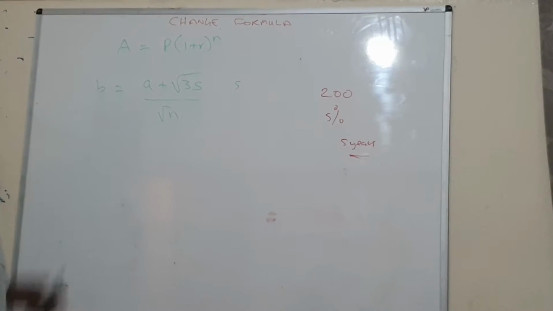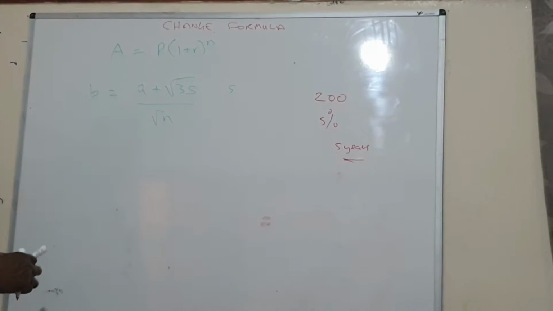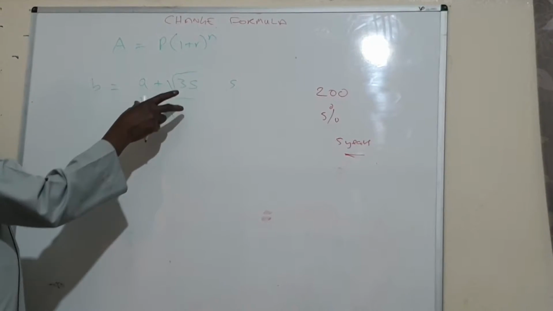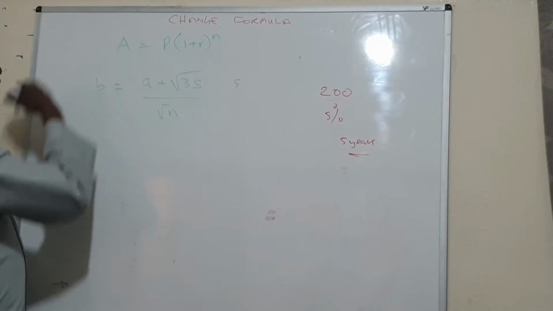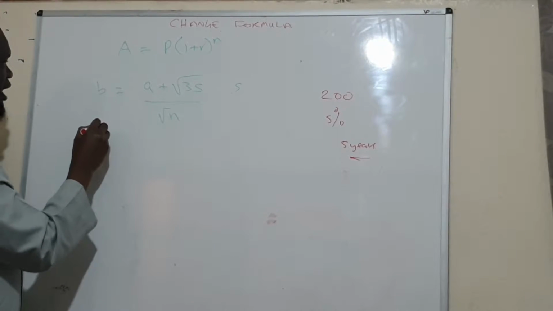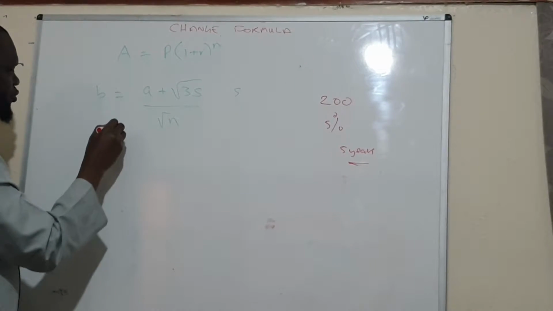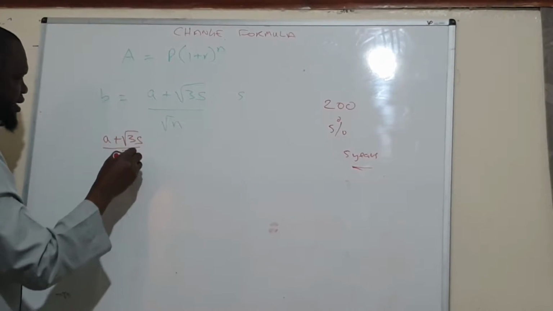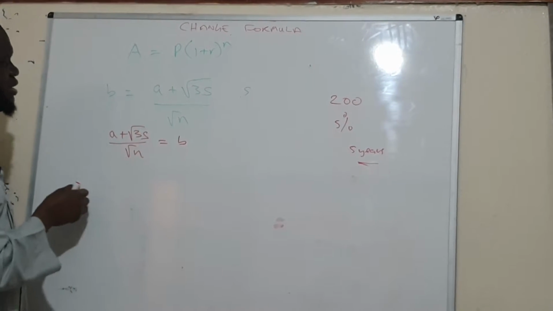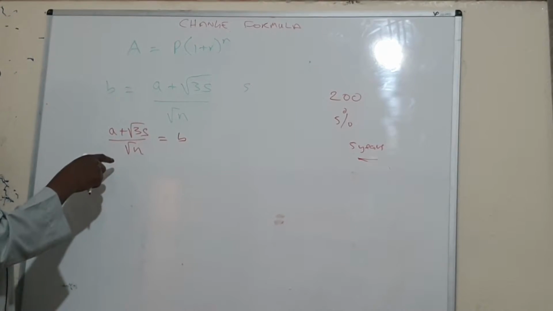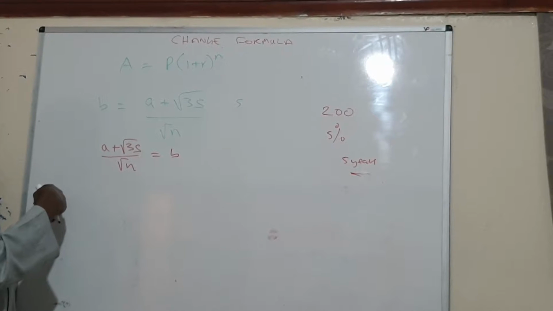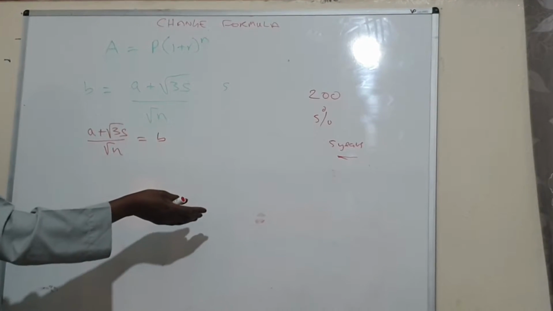Okay, now let's go to this question. We want S. Okay, and S is on that side, so we move everything here, and we said A plus root of 3S over root n is equal to B. Why? Because what we are looking for, what we want to make the subject of this equation, is on this side. So we have to move everything on that side.